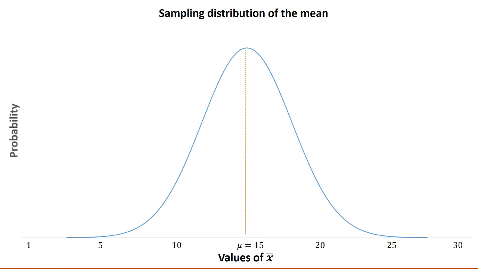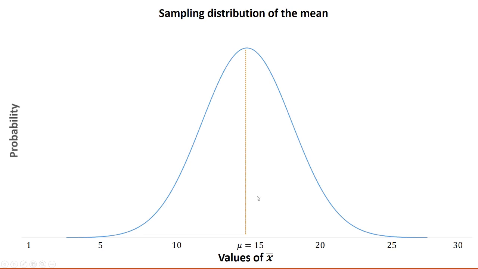The sampling distribution of the mean gives us an idea of the probability that my sample mean will take any particular value. This is the distribution of sample means. Now it turns out that the mean of the sampling distribution of the mean, that is, the average of the sampling distribution, is actually the true population mean, 15.